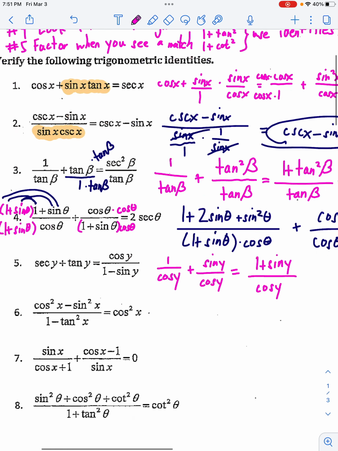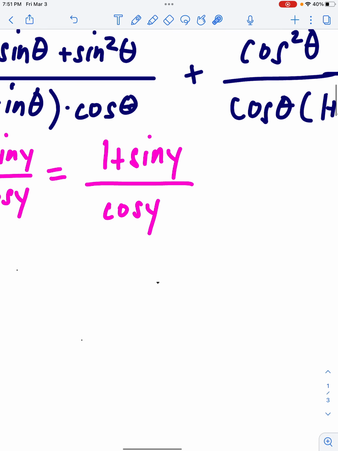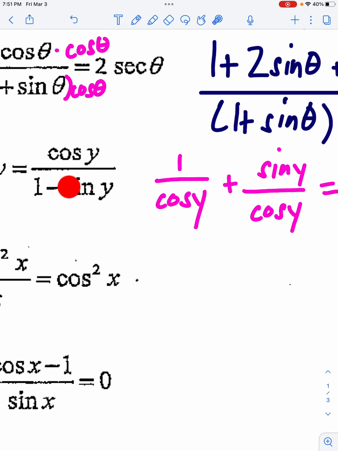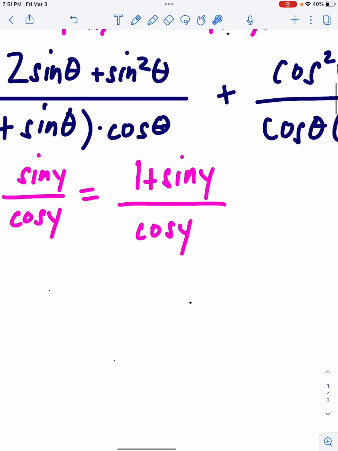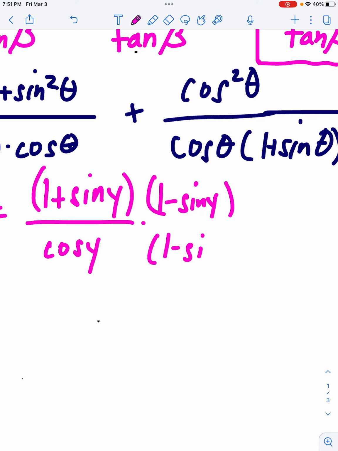Looking over here, the answer has a 1 minus sine y in it. I have a cosine y, okay? I'm so close. So you know what I'm just going to do? I'm just going to force this fraction to have a 1 minus sine y in the bottom. And I'm going to do that by multiplying the top and bottom of this fraction, and these have parentheses on them, by that 1 minus sine y I see in the denominator there, okay?